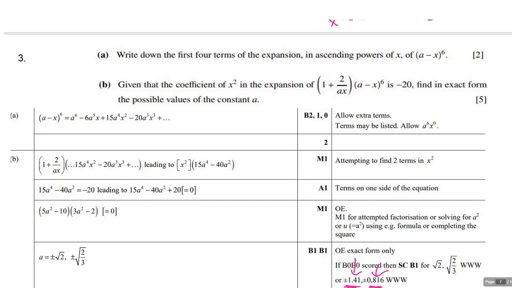Alright. Now, also in this one, notice though that they don't give you anything if you just write those two. If you don't write those two, if you just write square root of 2 and square root of 3, you're not getting points.